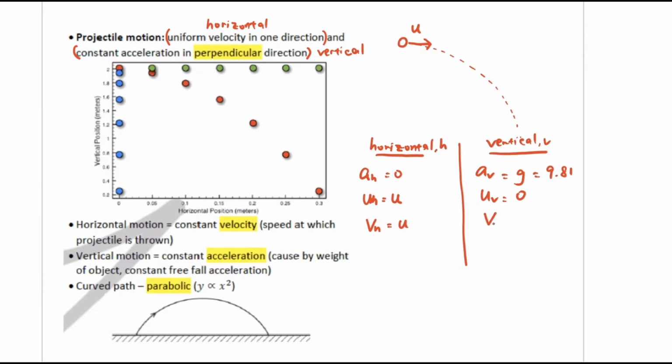But for the vertical final velocity, we need to calculate it. So how do we calculate? We use the SUVAT formula. For example, you can use v equals u plus at.